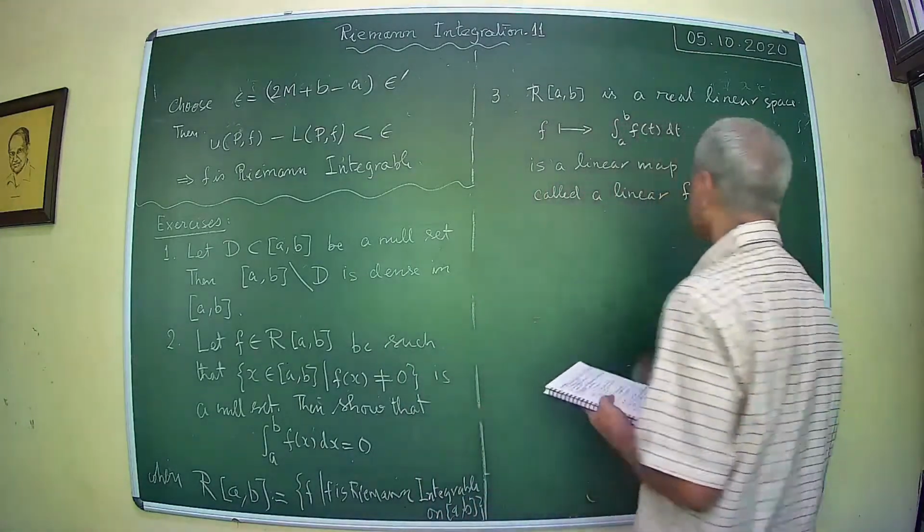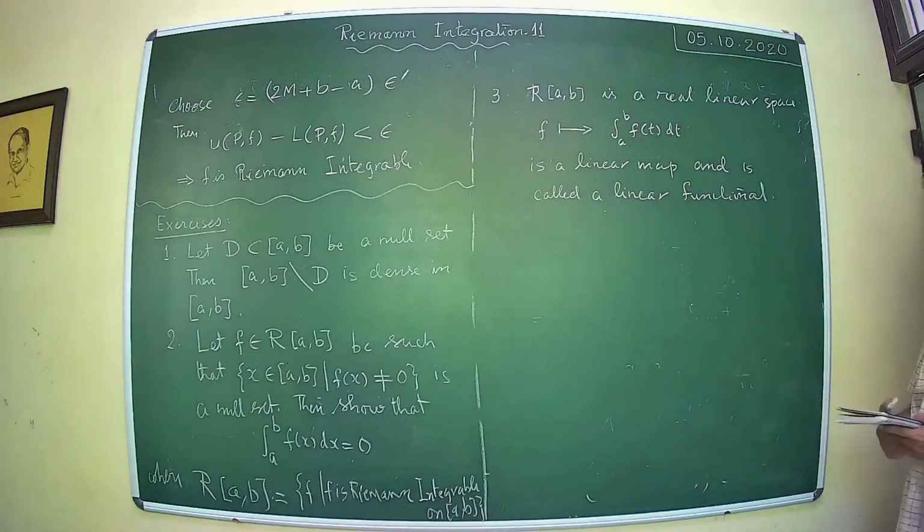There are two things to do. I think we have proved it already. Sum of Riemann integrable functions is Riemann integrable. Scalar multiple of a Riemann integrable function is again Riemann integrable.